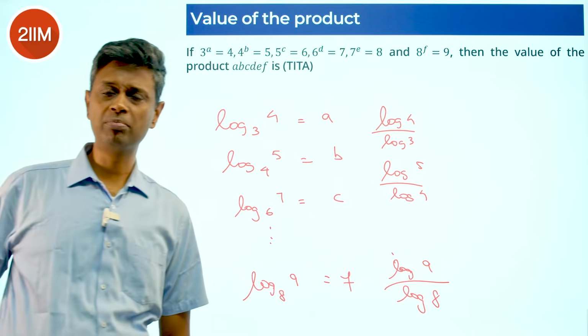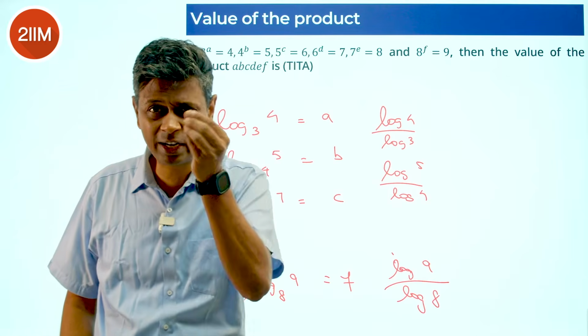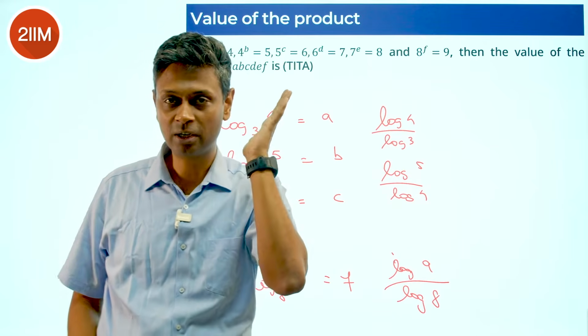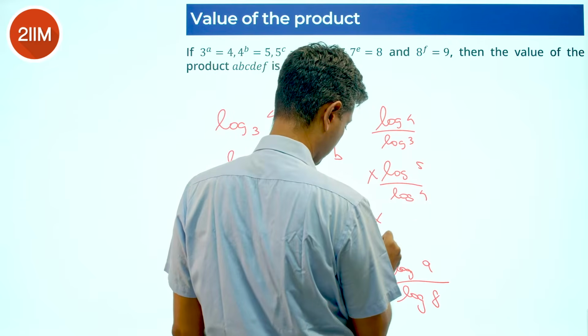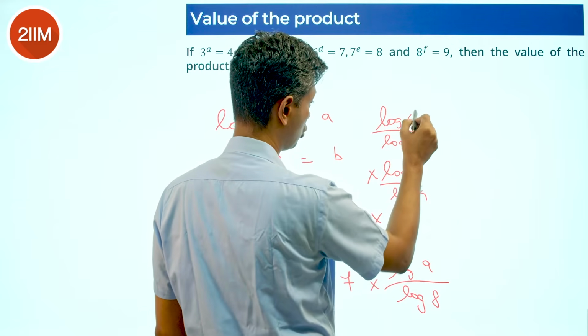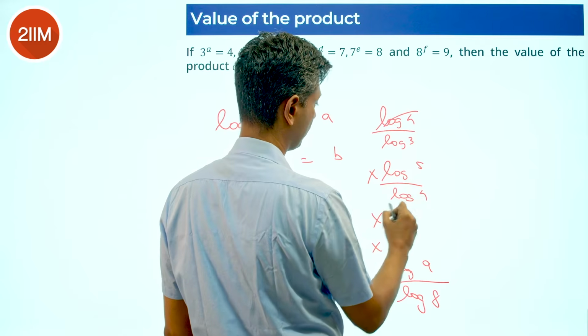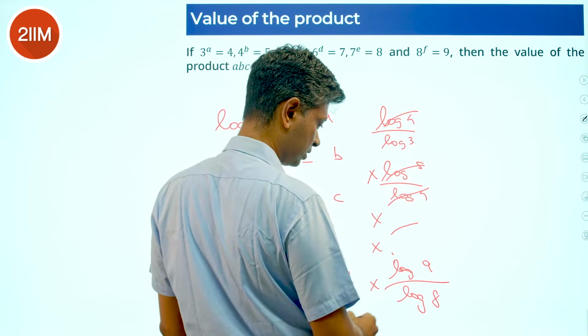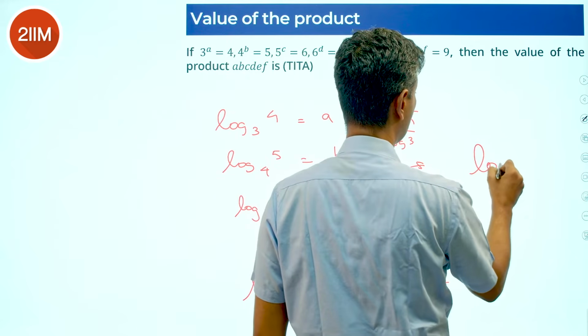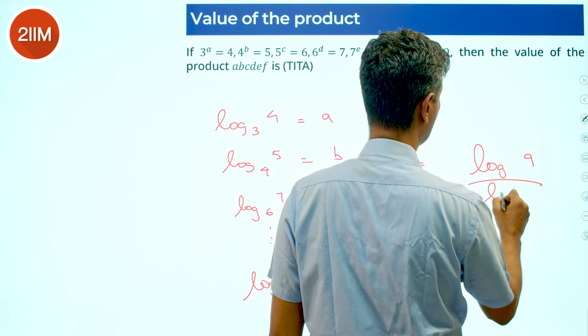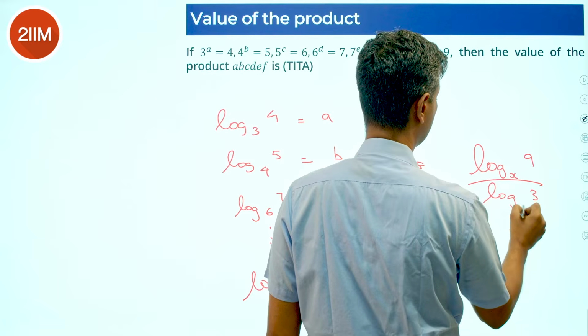Which is super brilliant, because the moment we rewrite this, the question becomes a completely solvable one, because we are multiplying all of these. Log 4 by log 3, log 5 by log 4. Log 5 will get cancelled. Everything will get cancelled, and finally we'll have log 9 by log 3 or to some other base.